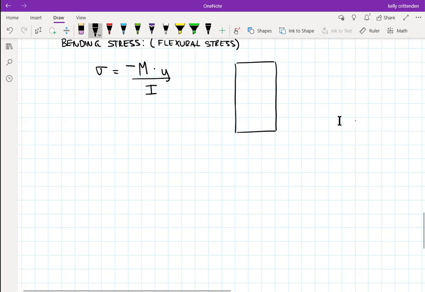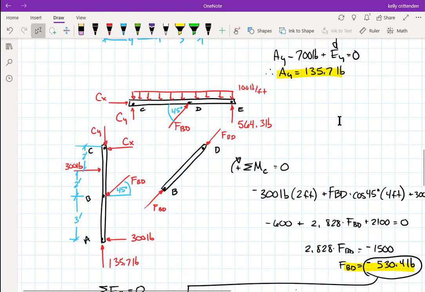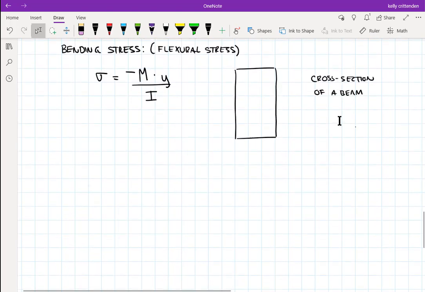So this is our cross-section of some beam. This might be the member CDE at the top, maybe just a rectangular 2x4 or something sitting across the top of this frame. ABC could also be that, but it's got a rectangular cross-section.